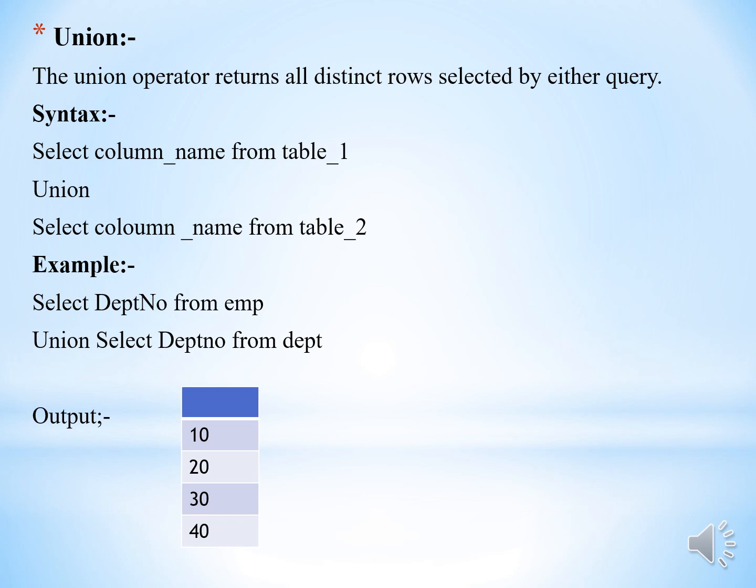An example of this UNION operator: select department number from employee, UNION, select department number from department. The output of the department number is 10, 20, 30, 40. UNION means collecting the values from the employee and the department tables also.